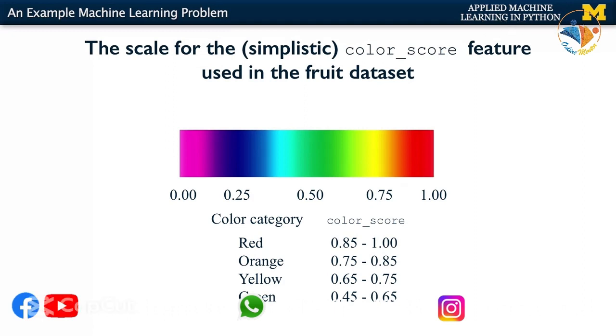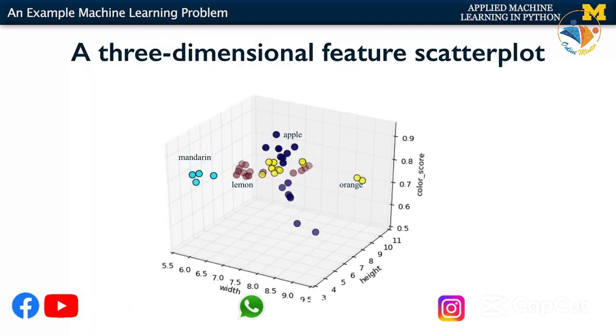But for our purposes, we're going to just summarize the color along a spectrum scale. That'll be a handy summary that will just be easy to visualize. So scores close to 1 mean the fruit is red. Scores around 0.7 indicate yellow, and so forth.